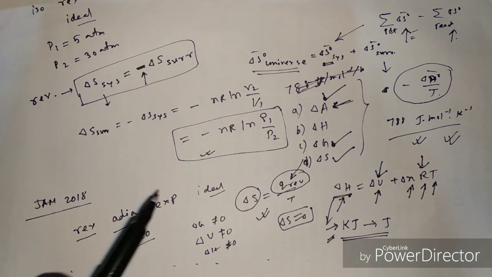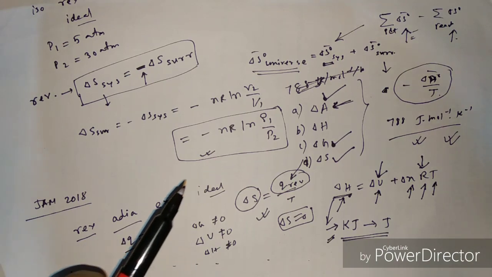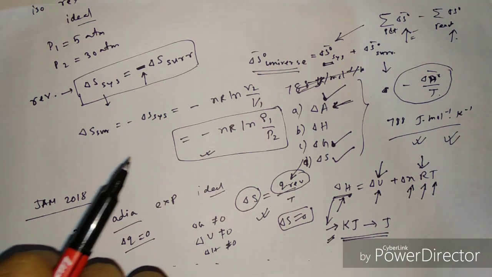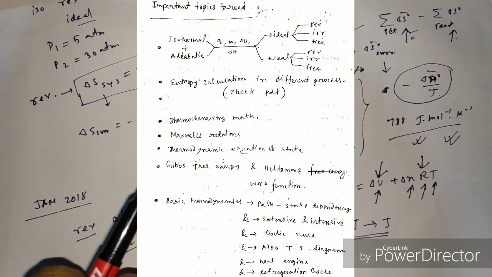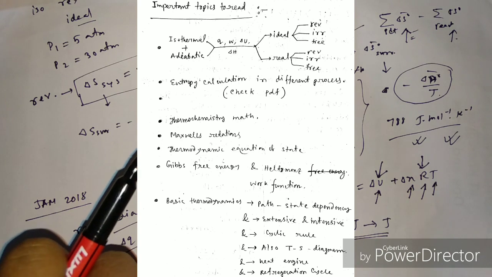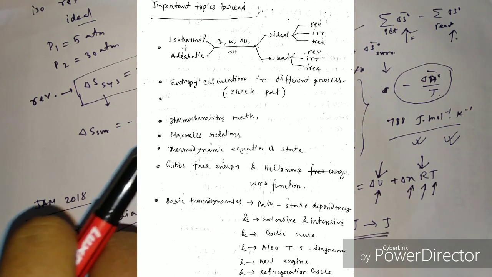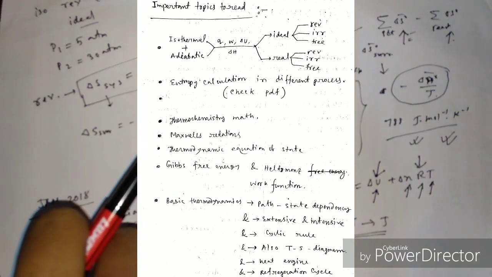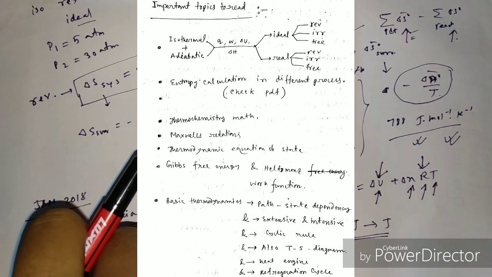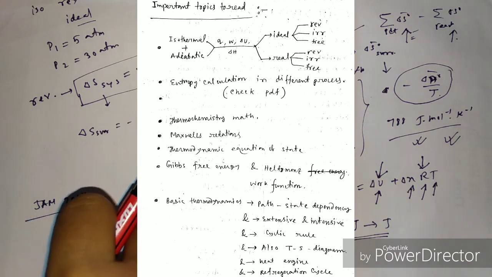After solving all the previous year questions, let's talk about the important topics which you need to read. From the first law of thermodynamics, the topics are isothermal and adiabatic processes, and from these you have to calculate Q, the heat required, work done W, delta U, the internal energy change, and enthalpy change delta H, for ideal and real gases, and in what processes.